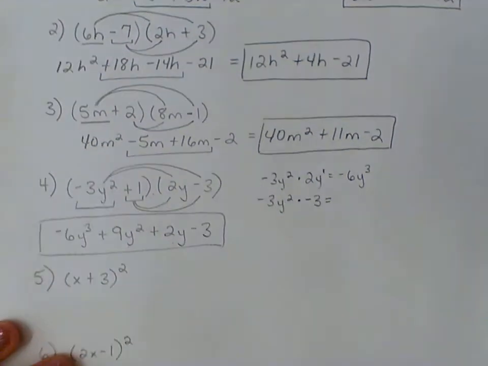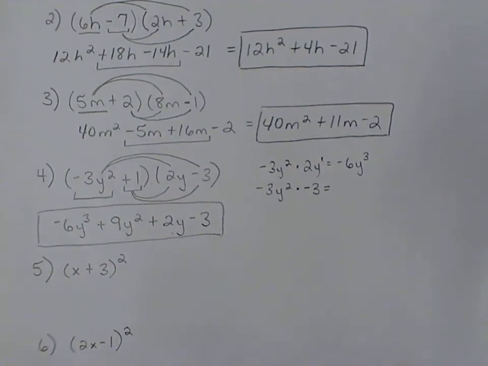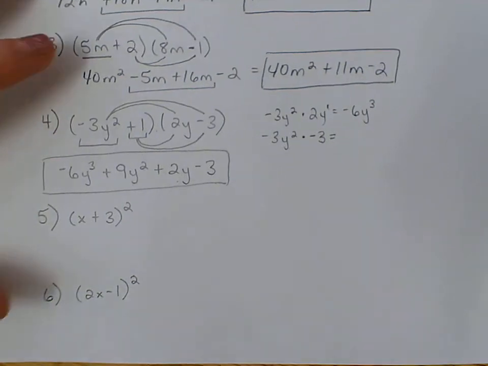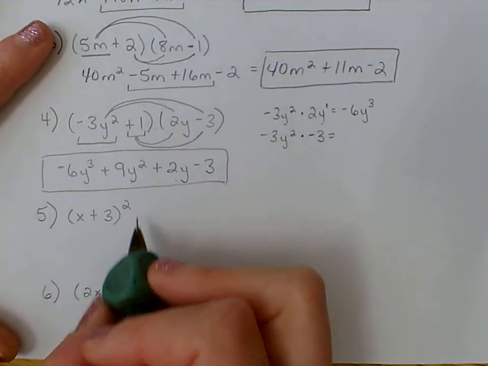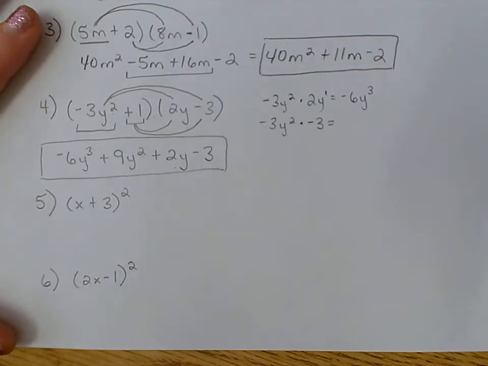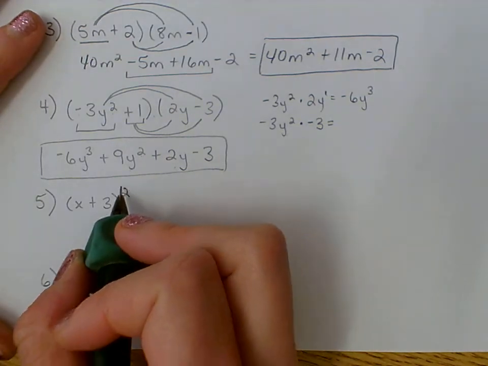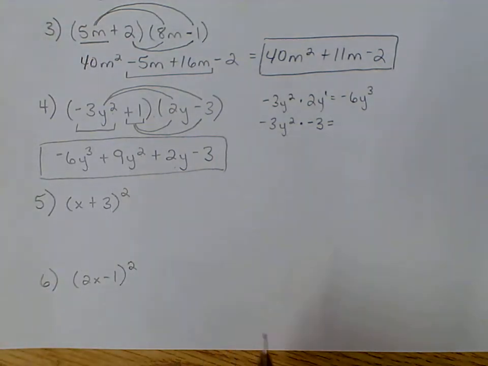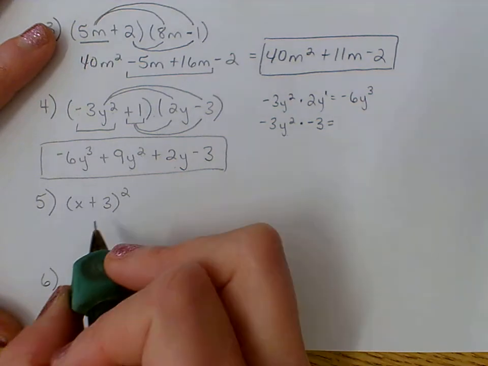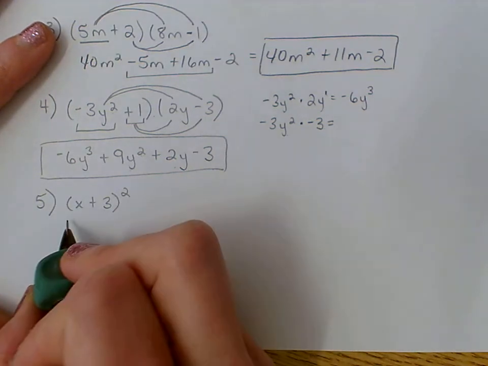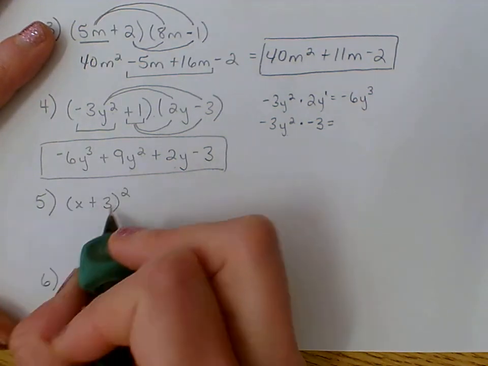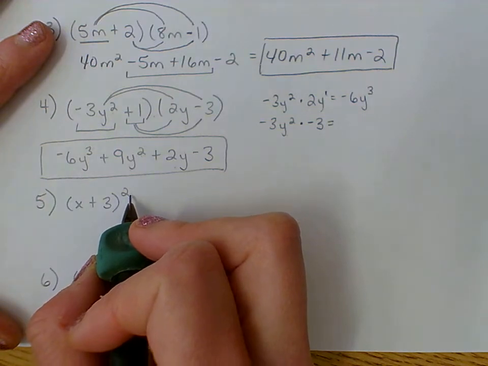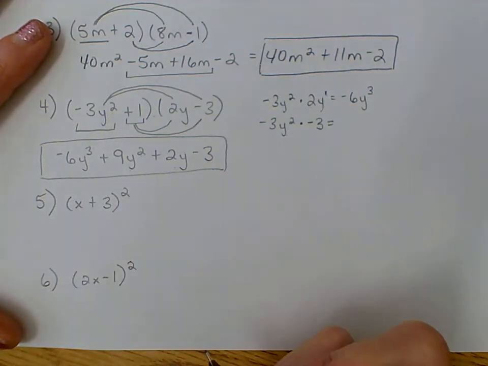Okay, so the last thing we're going to talk about with multiplying binomials in general before we actually start simplifying is what happens when you're given something like this. Well, you're going to have to remember what it means to have an exponent with it. So think about what it means to actually square something.